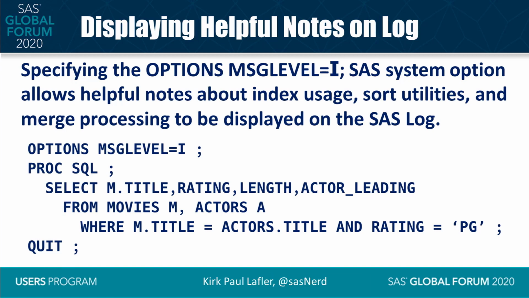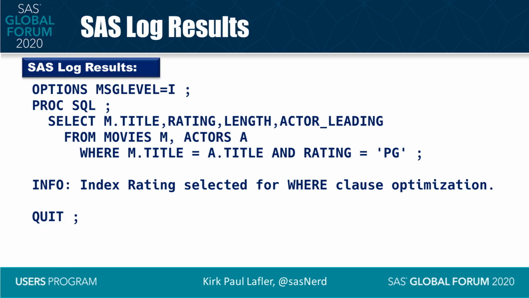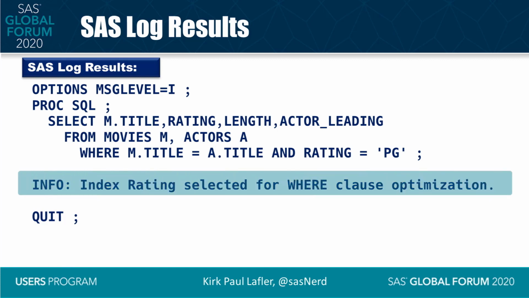The log will show in an info message, for example, any index that was chosen by the optimizer to speed up processing. So in this case, in lieu of sequential processing, by turning on options msglevel=I, we see that the optimizer found and used an index called rating.